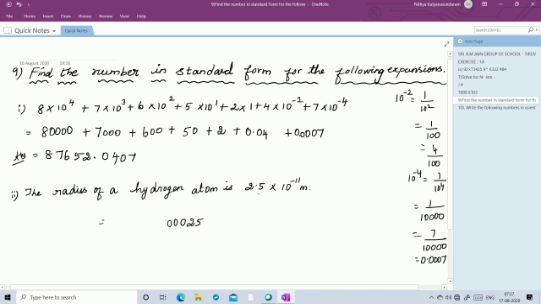1, 2, 3, 4, 5, 6, 7, 8, 9, 10, 11, 12. So 12 numbers after, you will keep the point.